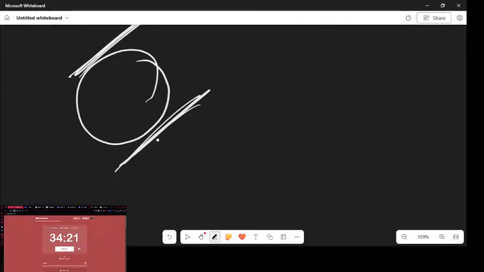Slope form. If you know the slope of a tangent to a given circle, x square plus y square is equal to r square, that is m, then we can also find the equation of the tangent.